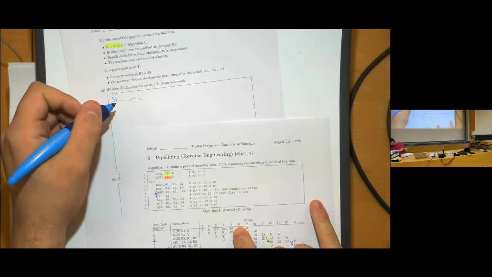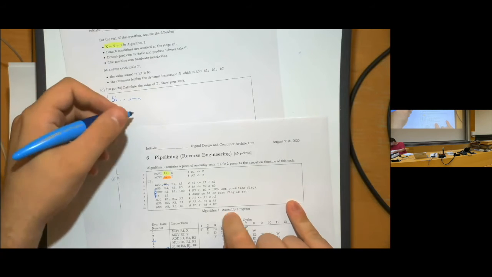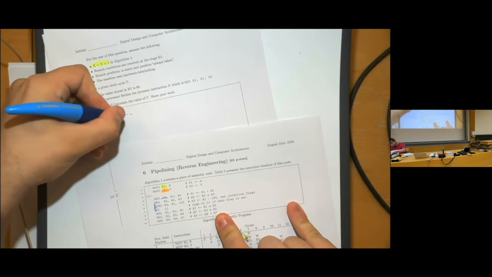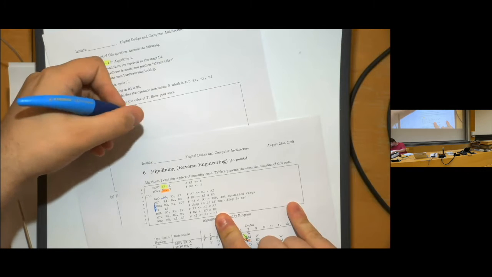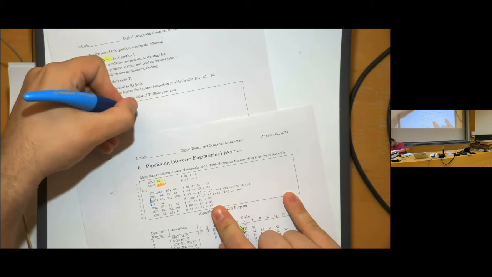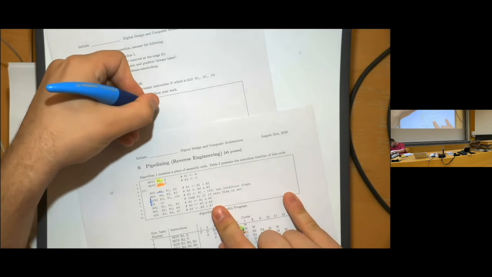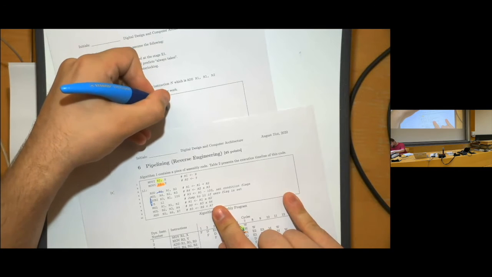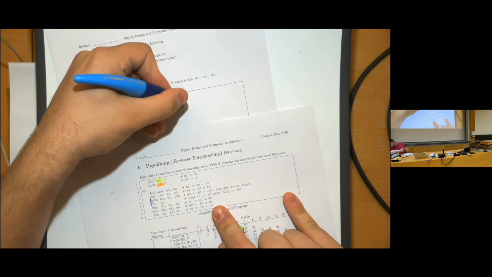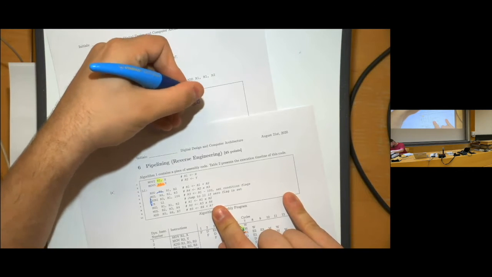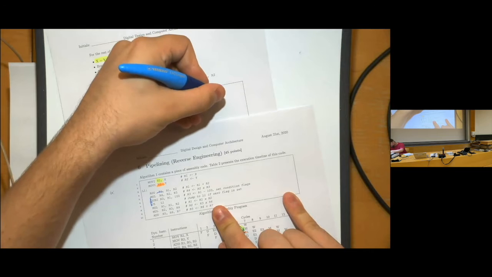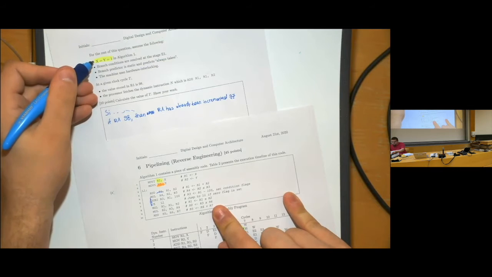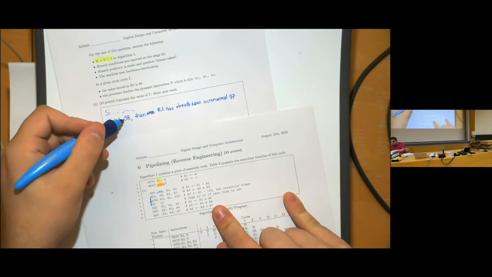So you should write some kind of explanation here like this. And what this should result in is that if currently R1 is 98, then R1 has already been incremented 97 times, right? It started out at 1 and it incremented 97 times. Now it's at 98.